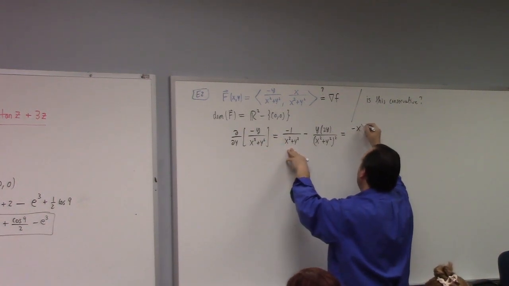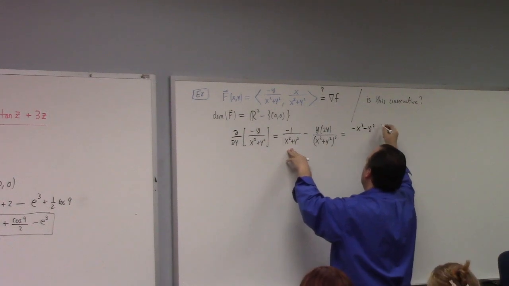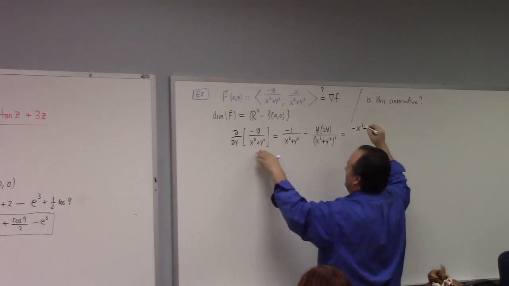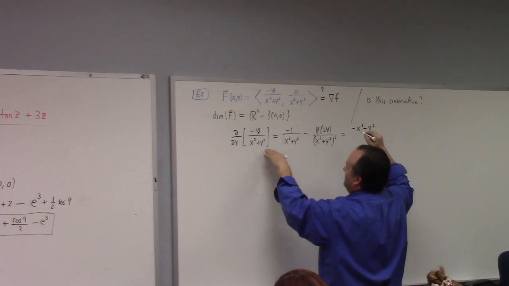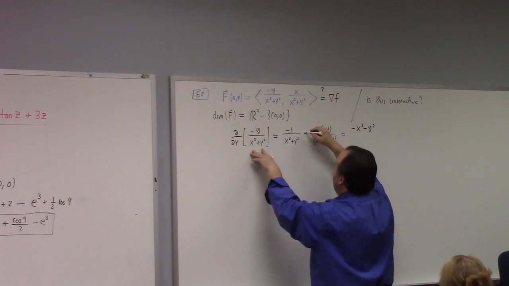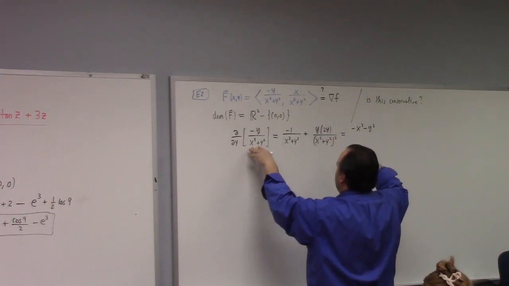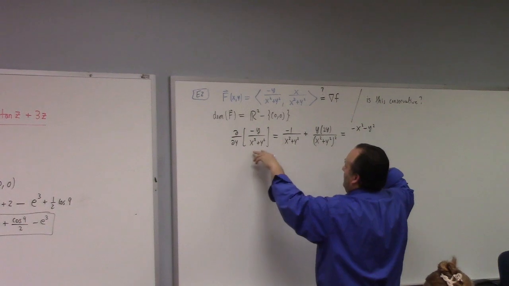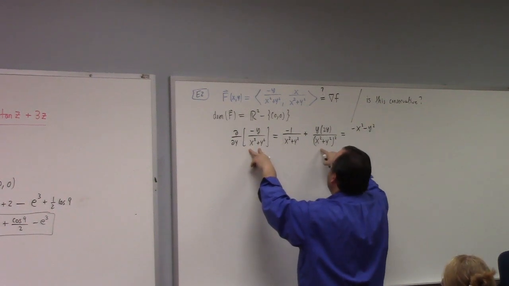This is minus x squared minus y squared. And I think I lost a minus somewhere in the story. That's supposed to be plus, right? Because I get a minus because it's reciprocal.